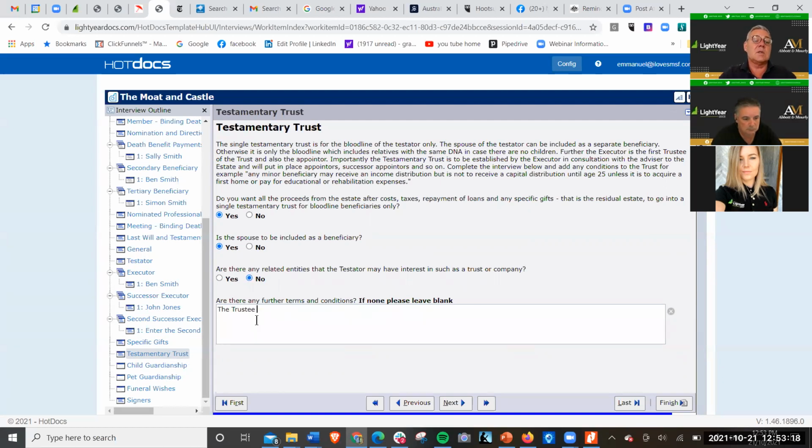The trustee and appointer of the trust is to be Ben Smith, and in the event he is not alive, it is to be Sally Smith. So when we have a look at it, who is it?